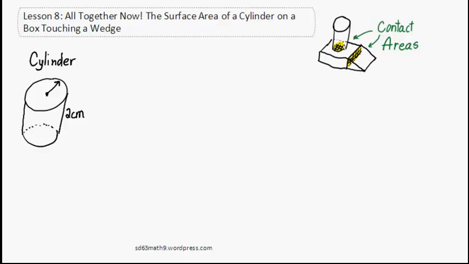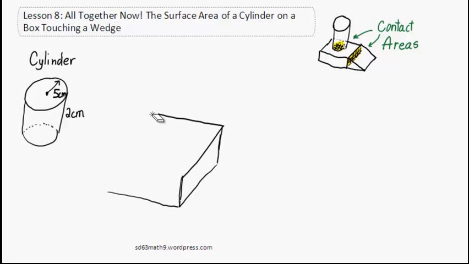Here is a cylinder with a height of 2 and a radius of 5. I'm going to place it on a box with a width of 10 centimeters, a length also of 10 centimeters, and a height of 3 centimeters.